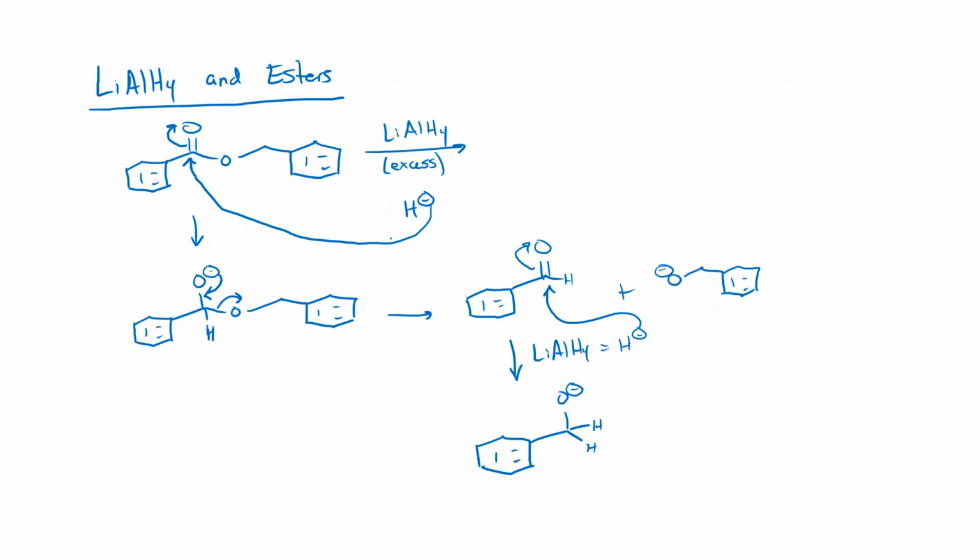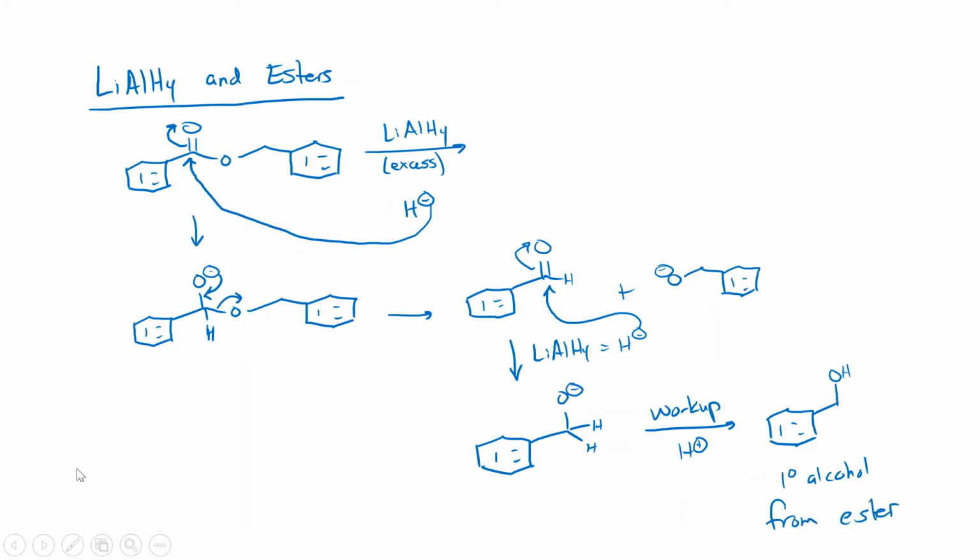So again, notice what happens is we add H minus and then we get to our intermediate, and then because we have a leaving group, this oxygen leaving group, we can reform the carbonyl and kick that leaving group out. And then once we reform the carbonyl, lithium aluminum hydride is hanging around and attacks that carbonyl. Then we do workup. We add a little bit of H plus, and we get our primary alcohol from the ester.